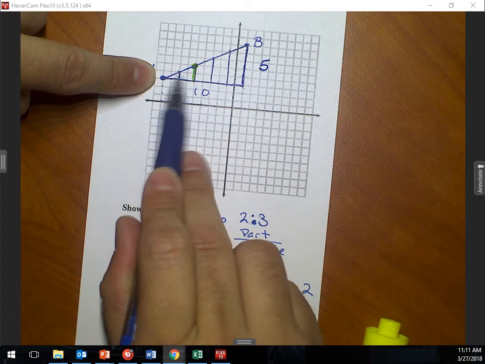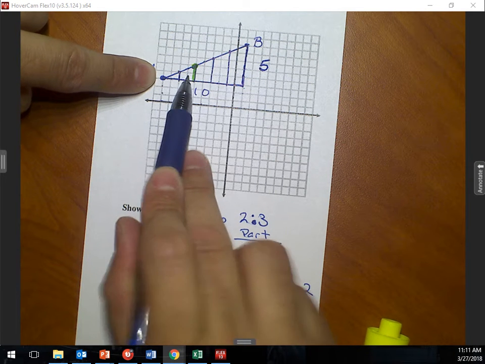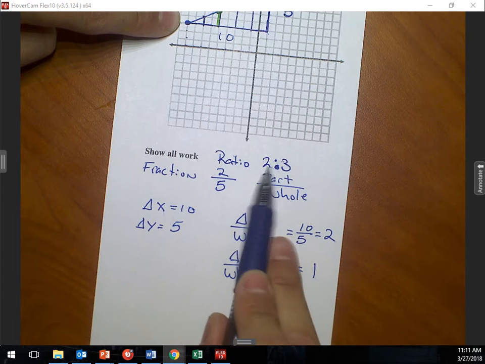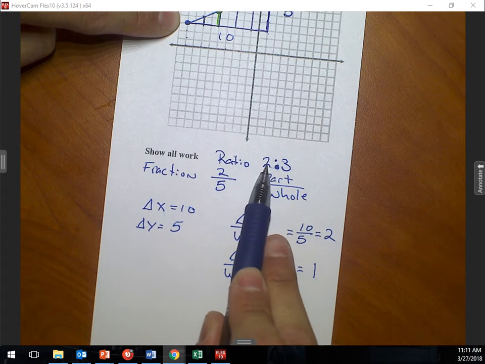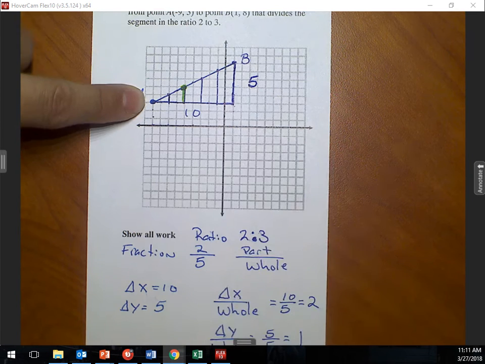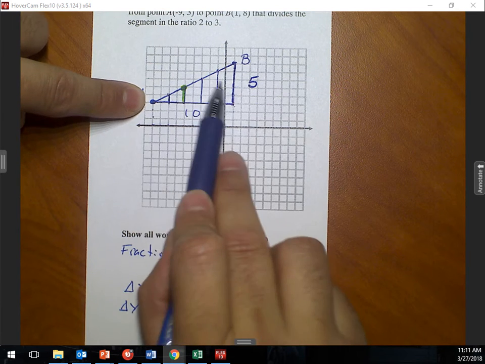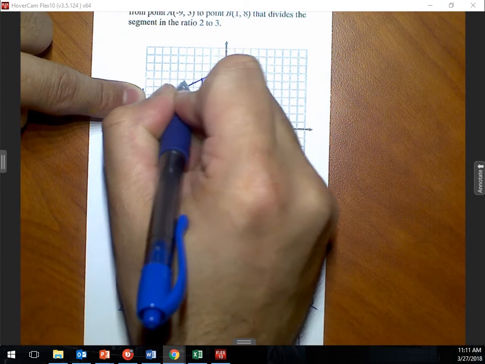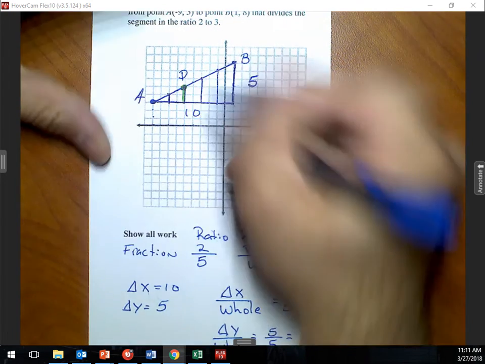I have 2 pieces on the left, and 3 pieces on the right. There's my 2 to 3. So this point right here is my point P.